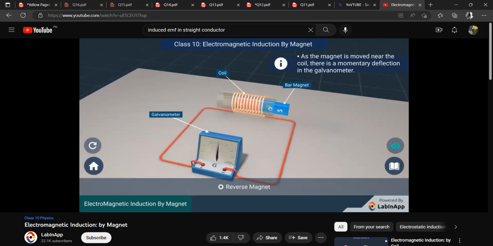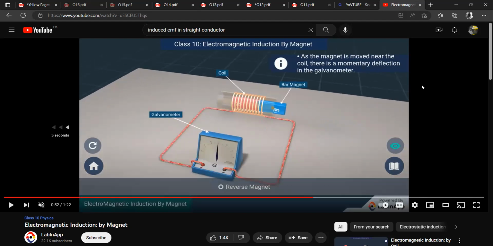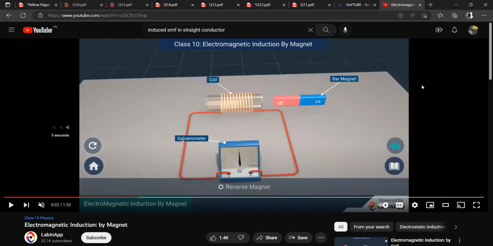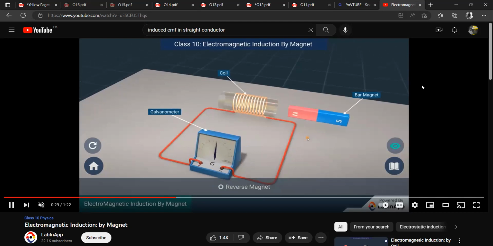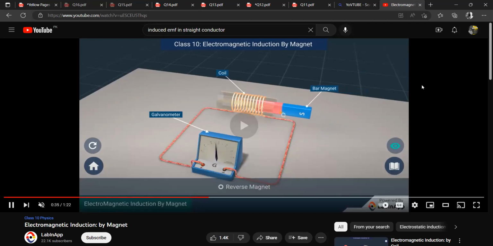That's why there is a deflection in the galvanometer, or we can also use an ammeter to find the movement of charges in the wire or conductor. And you can see that when you move the magnet in the forward direction, the deflection will be different.